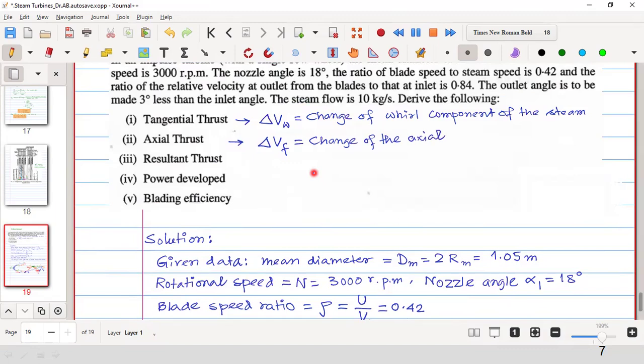It is related to, this is not exactly equal to, this is velocity. The tangential thrust is related to velocity multiplied by mass flow rate. So change of the axial component of steam speed.